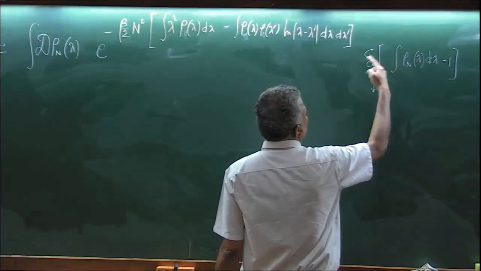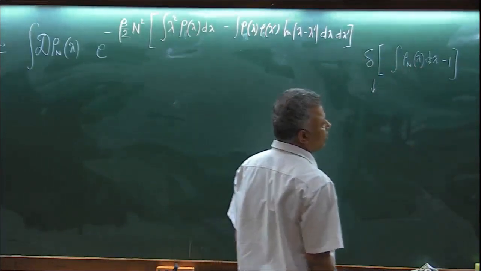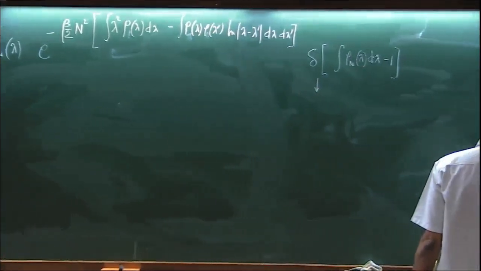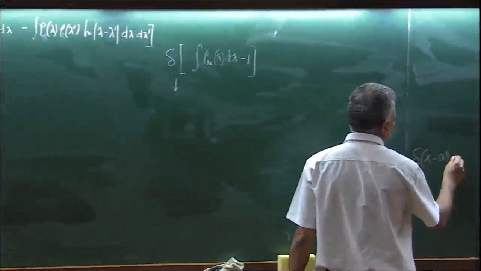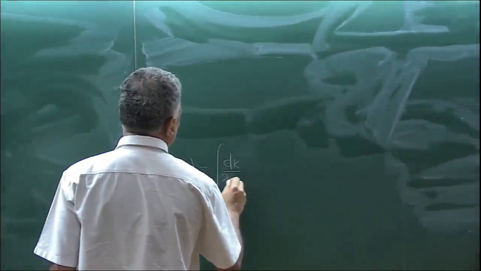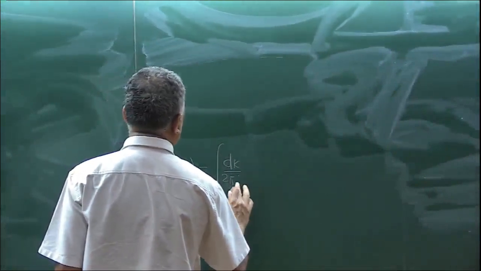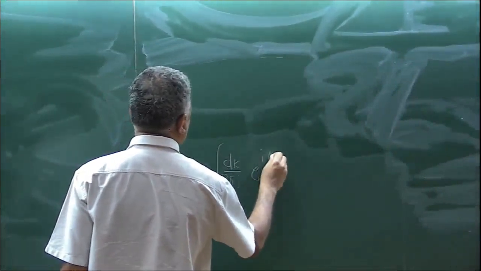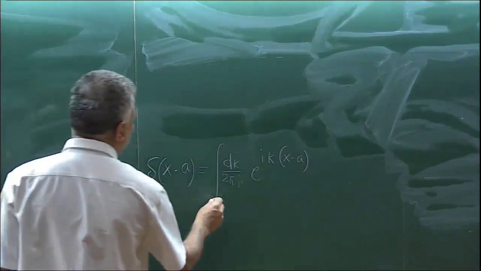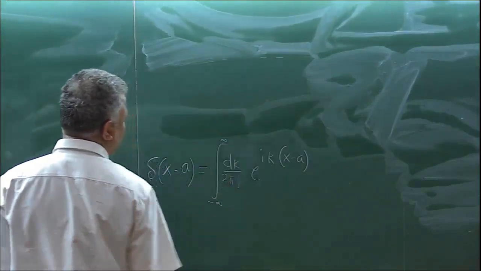Okay. So the next step is to get rid of the delta function. How do you get rid of the delta function? One way to nicely replace it is to use the integral representation, where this k goes from minus infinity to plus infinity.